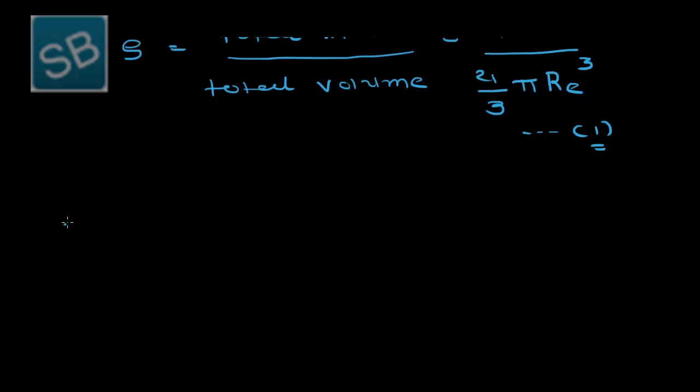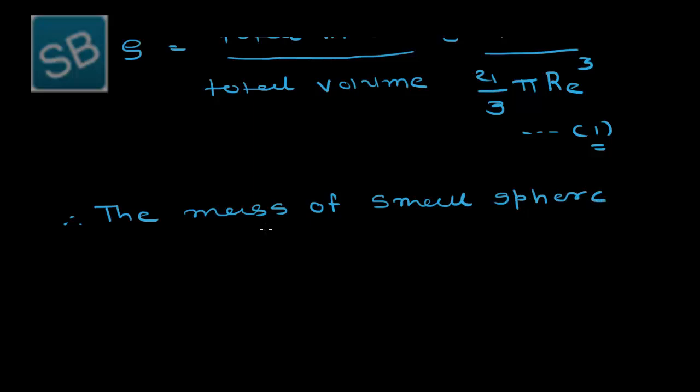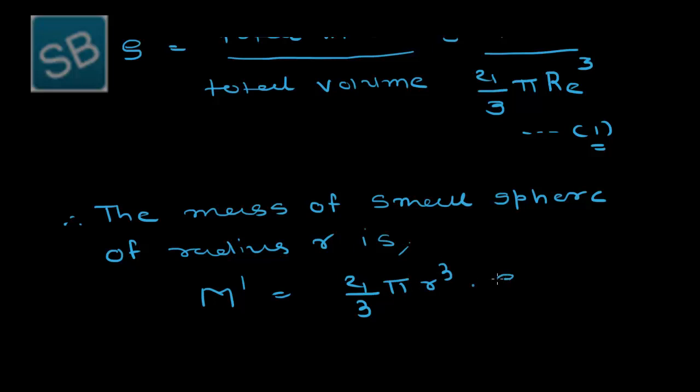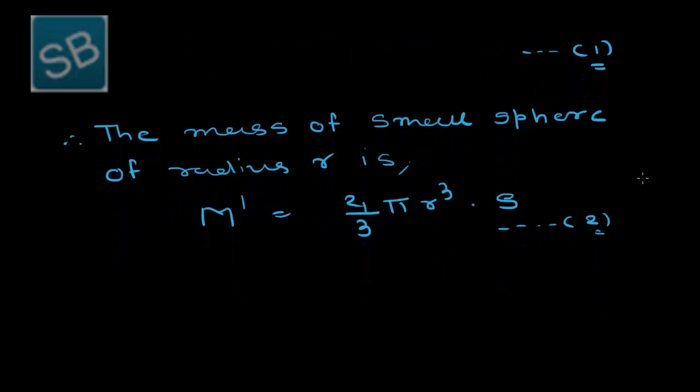And therefore, the mass of small sphere of radius small r is given by m dash is equal to 4 by 3 pi r cube into rho, just by the use of equation number 1.